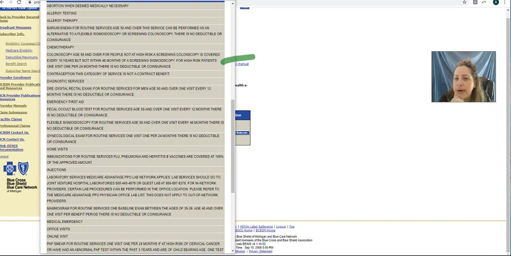How are they going to know you're high risk? You put the correct ICD code on it, that's how. You put that they have a history of polyps or a family history of polyps. You did something in that ICD code to tell them they're high risk. Okay. Digital rectal exam for men, which is the start of getting your prostate checked, age 50 and over, one every 12 months.